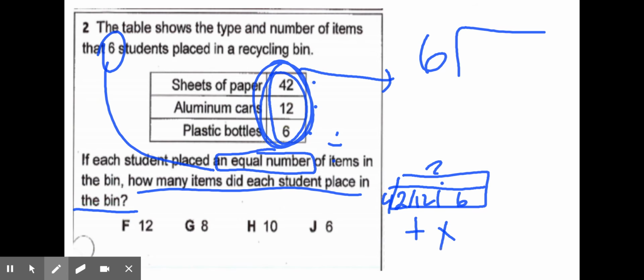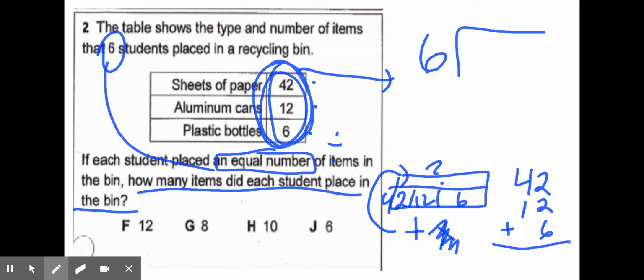Well, I know I'm not timesing because I have different numbers here. It's not like I had 4 boxes and they all had 12s in there. So I know that's not going to be right. So I'm going to add to get my total. I'm going to add 42, 12, and 6. I have 6, 7, 8, 9, 10. 4, 5, 6. I have 60.